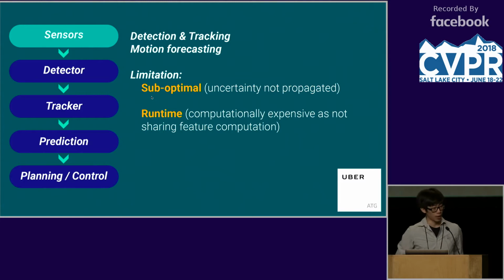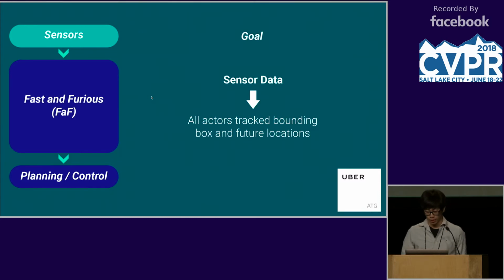However, in the context of self-driving, this modular approach is suboptimal as uncertainty is not propagated during training between different modules. And it is computationally expensive as heavy feature computation is not shared. In contrast, we propose to do joint modeling using one network for 3 tasks.